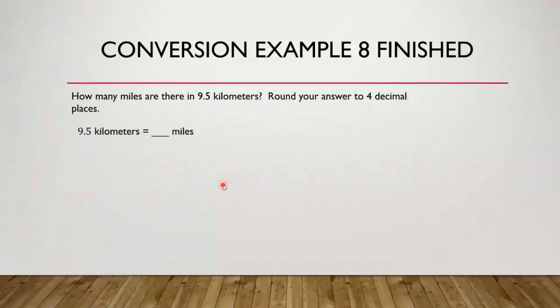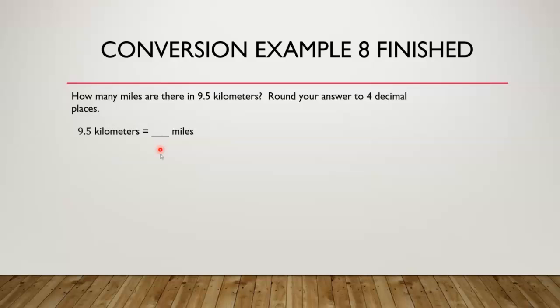In other words, we want to know this. So again, we want to know how many miles the bicyclist rode, given that he rode 9.5 kilometers. Well, I shouldn't say given, because we just calculated that. So in other words, we want to fill in this blank here. We want to know what number goes in this blank.